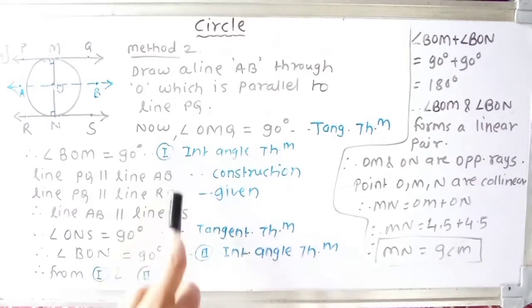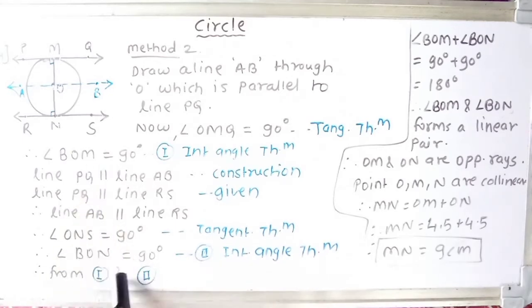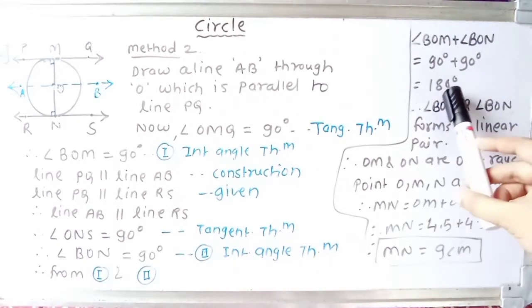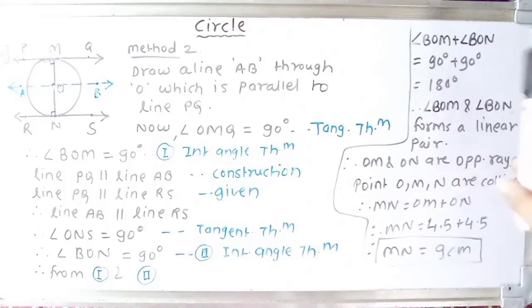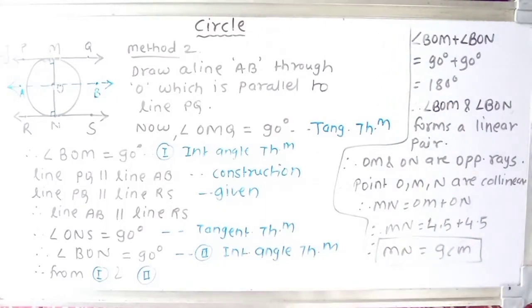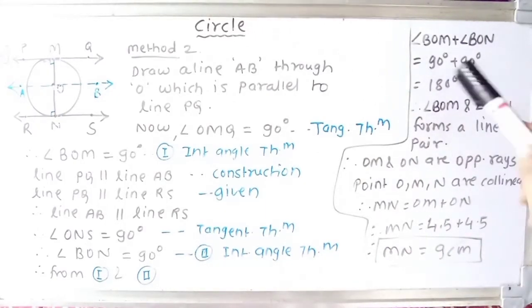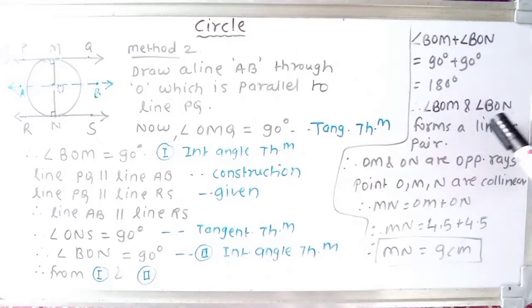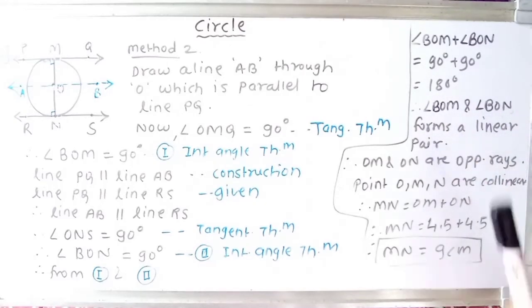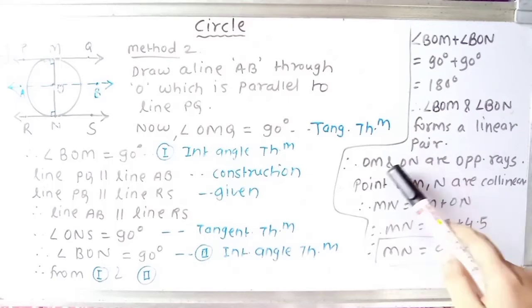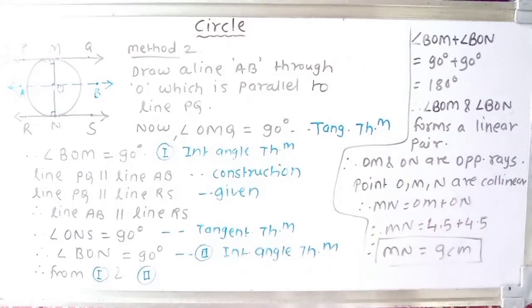So from equations 1 and 2, if you add these two equations, measure of angle BOM plus measure of angle BON, what will you get? You will get 180 degrees. 90 plus 90, that is 180 degrees. So angle BOM and angle BON form a linear pair. Yes or no? Therefore OM and ON are opposite rays.